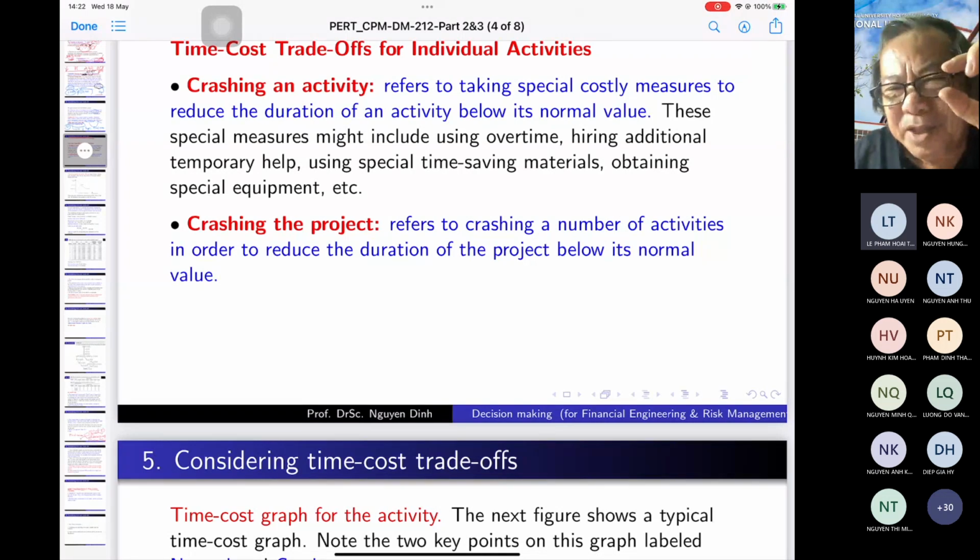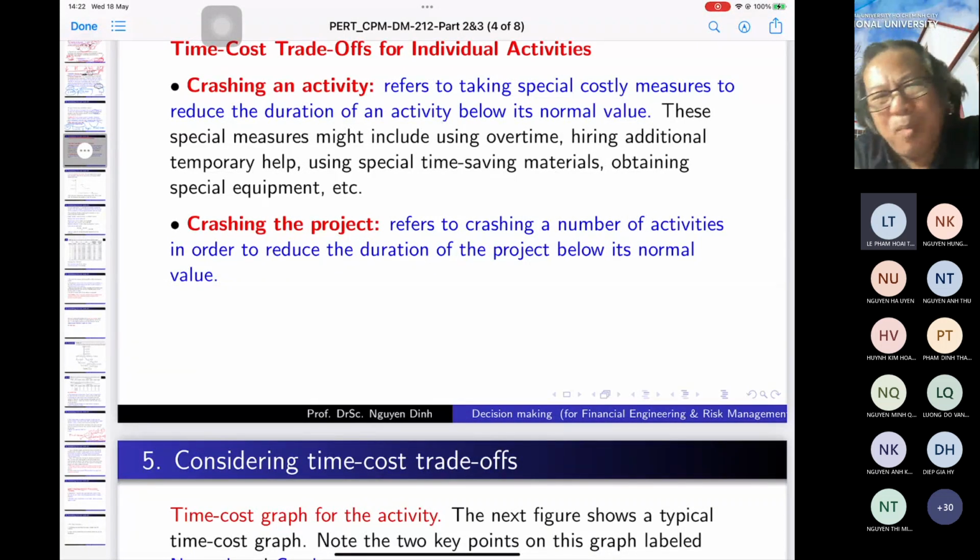So for each activity, we have to find out the cost of reducing 1 week, and how many weeks at this activity we can reduce. For some nodes we can reduce only 1 week, but for other nodes we can reduce 2 weeks or 3 weeks. That is the question for one activity.